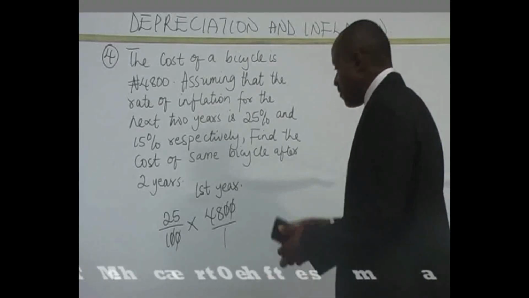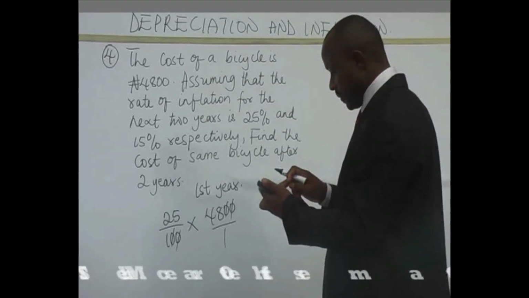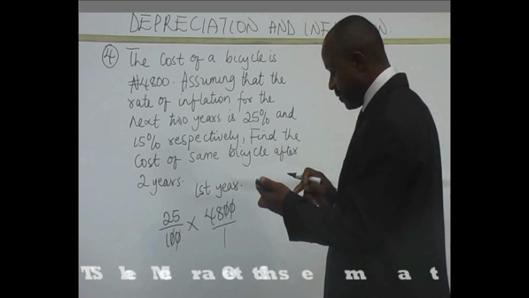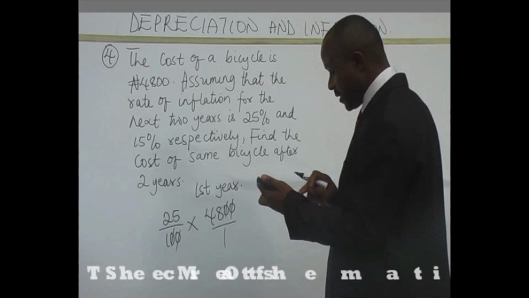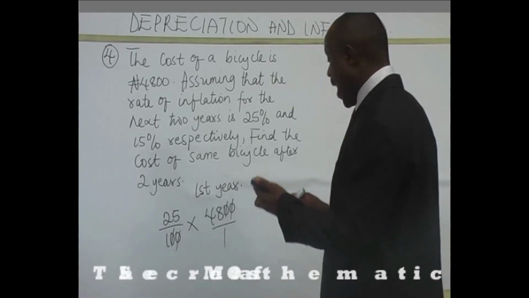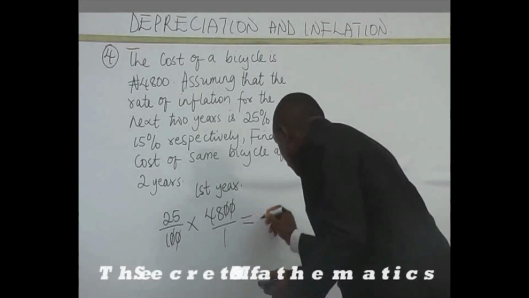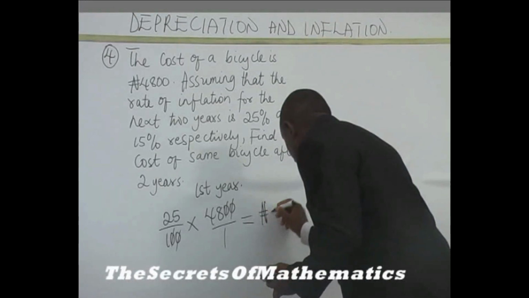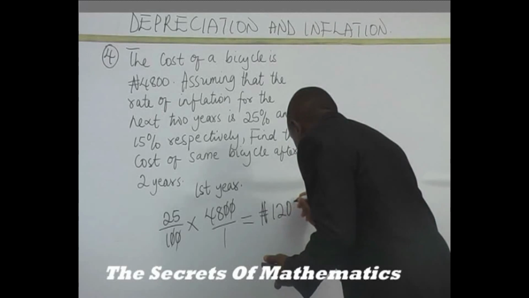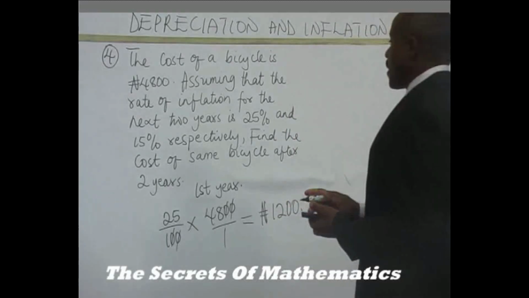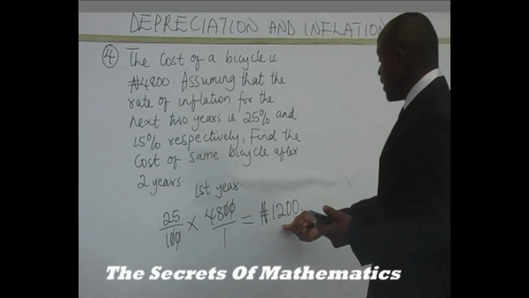So you have 25 times 48. 25 times 48 is equal to 1,200 naira. So this is the inflation.